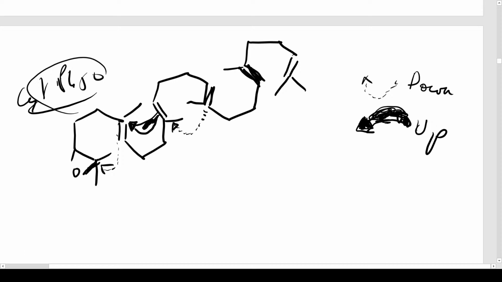It alternates up, down, okay? That means when you attack from the up, the CH3 goes to the down. If it attacks from the down, the CH3 goes to the upper side.